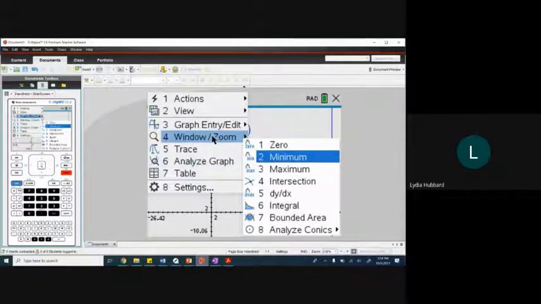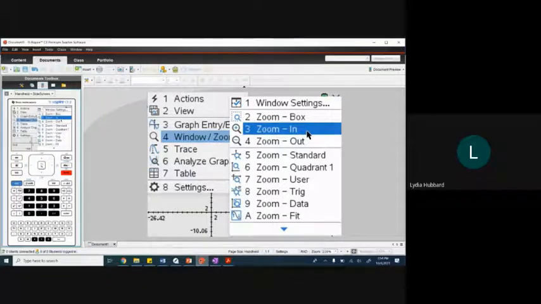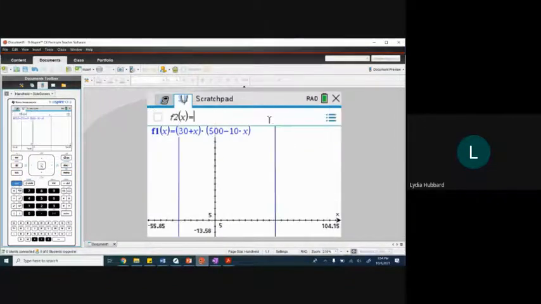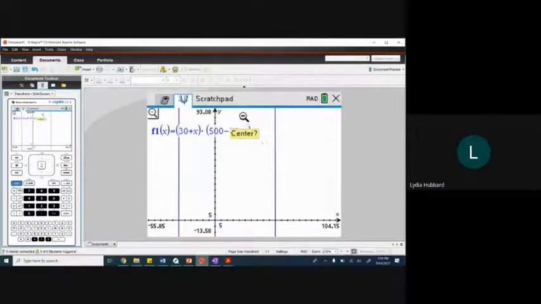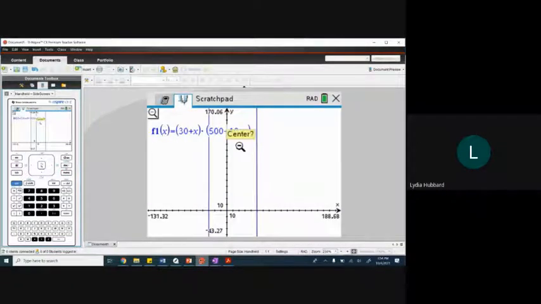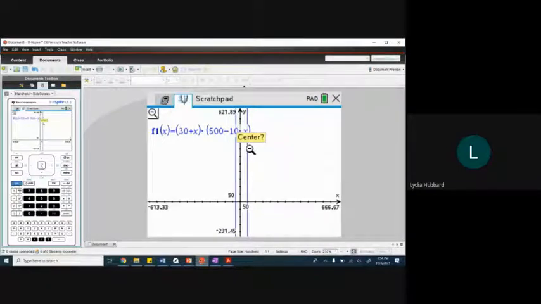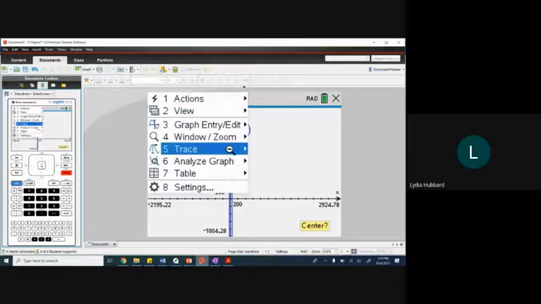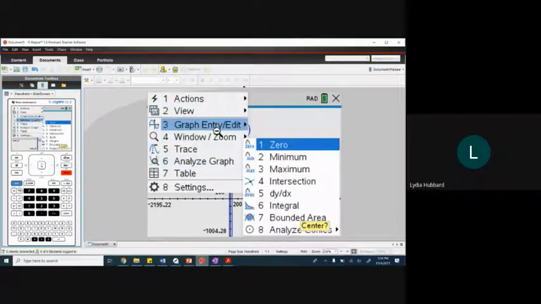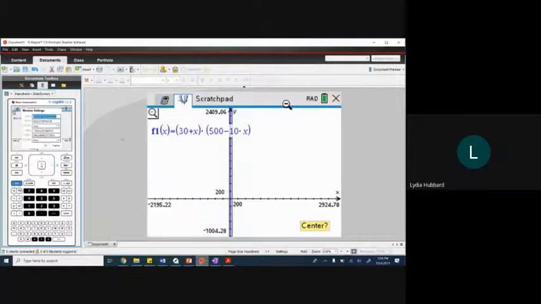I'm going to zoom out a bit more. Okay, I'm going to change the window here.